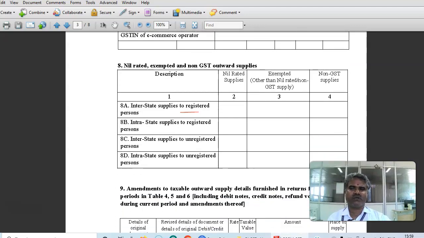So you see, even though you supply nil rated or exempted goods, everything should be mentioned, because the government should know what goods you are selling. They have to know what your nature of business is.